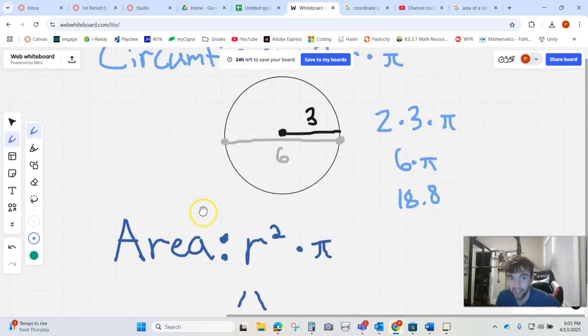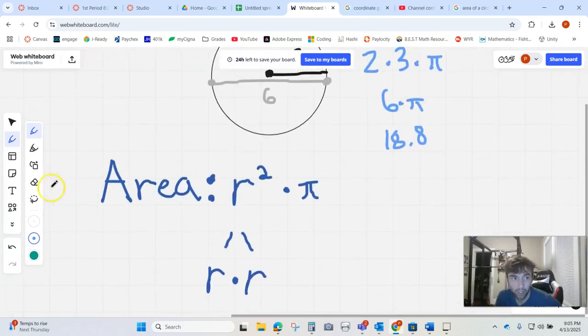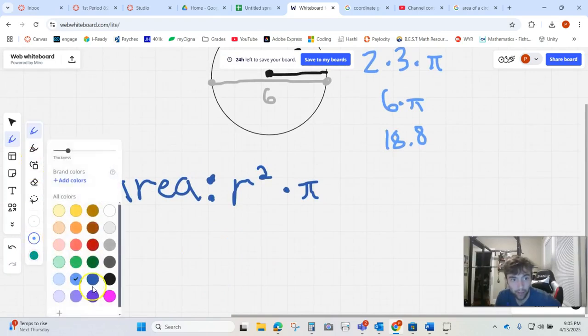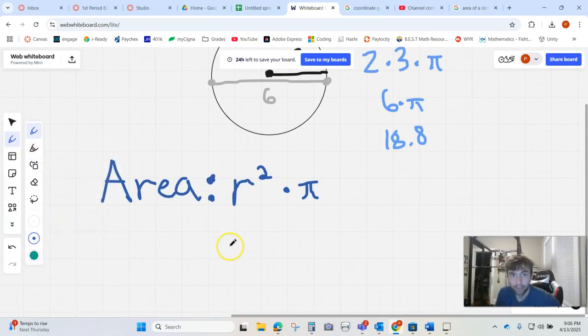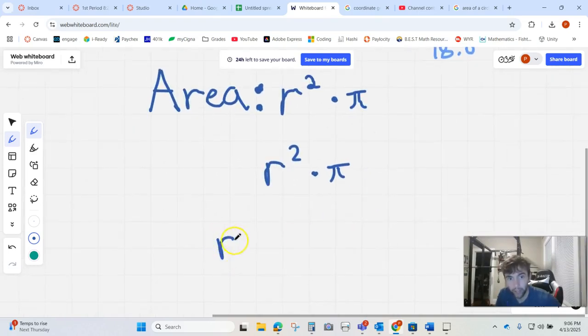Okay, let's see. Let's find the area now. To find the area of a circle, we need our formula, which is radius to the power of 2 times pi, or radius times radius times pi.